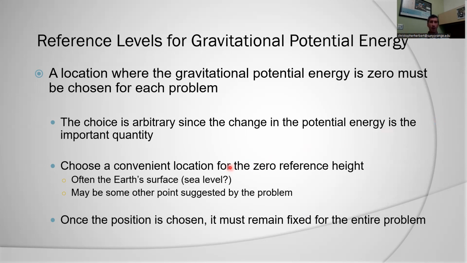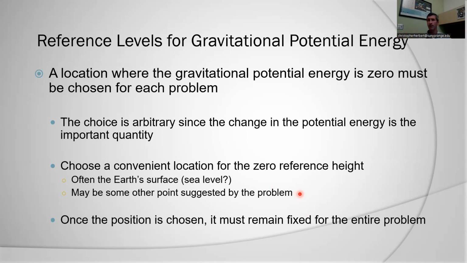So for instance, oftentimes we'll say zero gravitational potential energy is sea level because that's the lowest that we can go. Maybe if I'm on a roller coaster, the lowest point of the roller coaster would be zero. It just depends on the system a lot of times. But again, it's important to define a zero point for your gravitational potential energy.